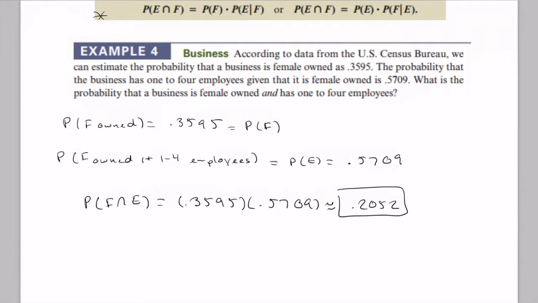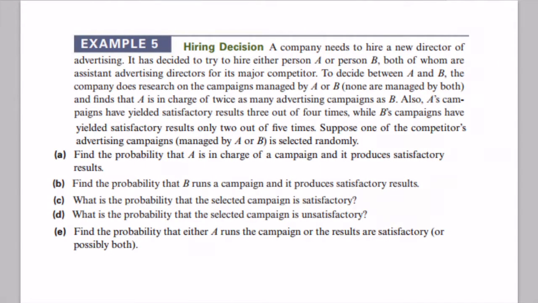Perfect. Example 5. A company needs to hire a new director of advertising. It has decided to try to hire either person A or person B, both of whom are assistant advertising directors for its major competitor.